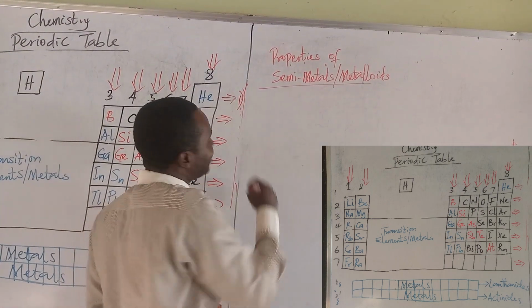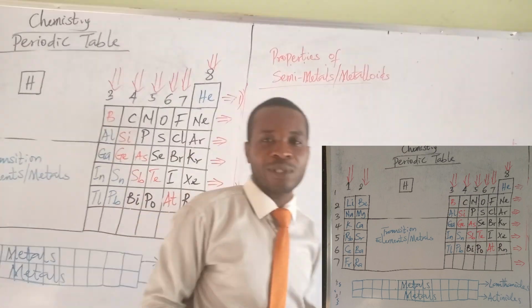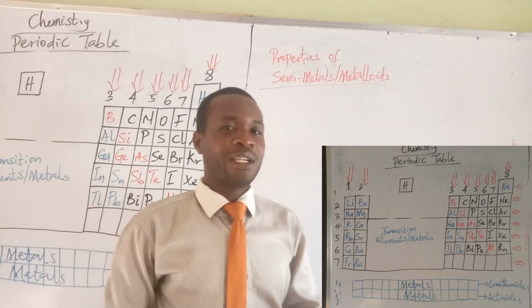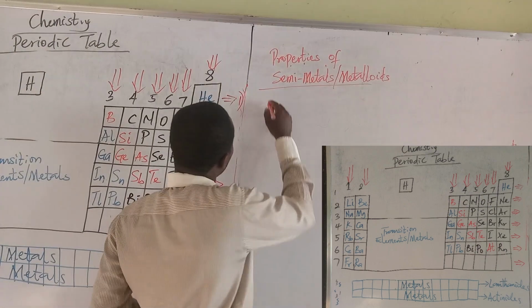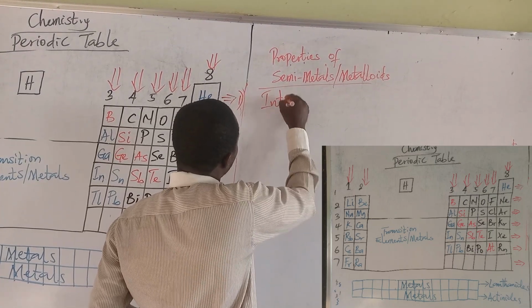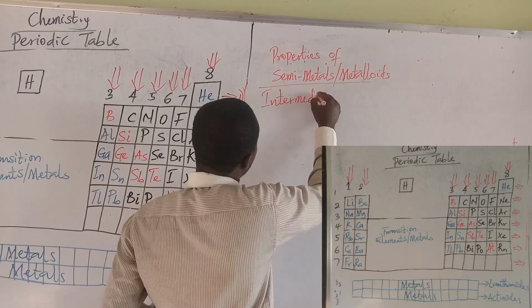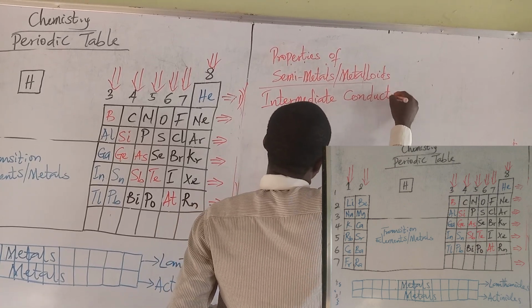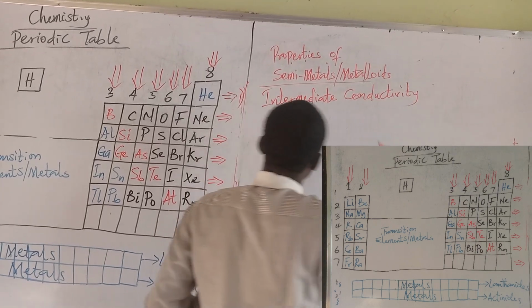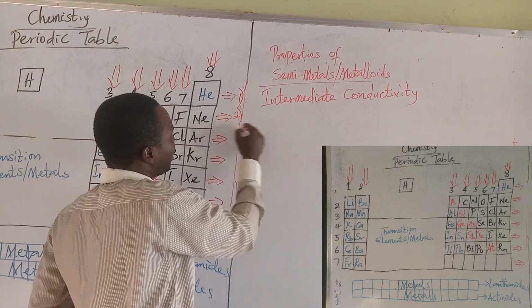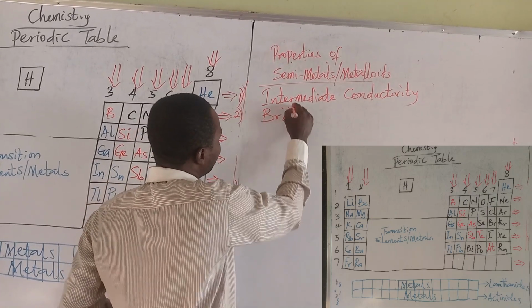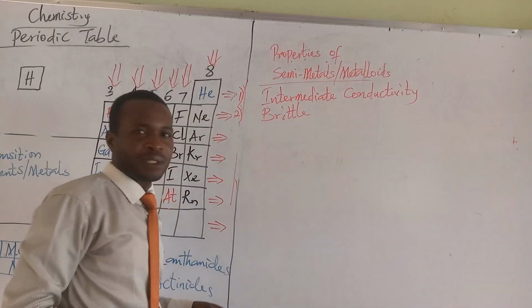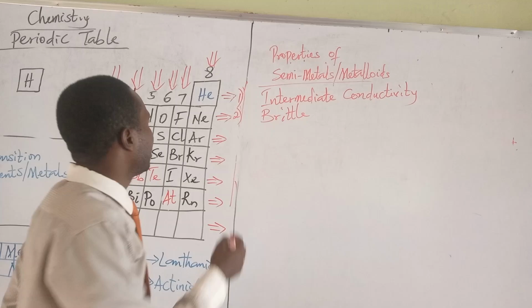What it means is that they are not really good conductors, and at the same time they are not bad conductors, so they have intermediate conductivity. At the same time, they are also brittle. You cannot hammer them, they will break.